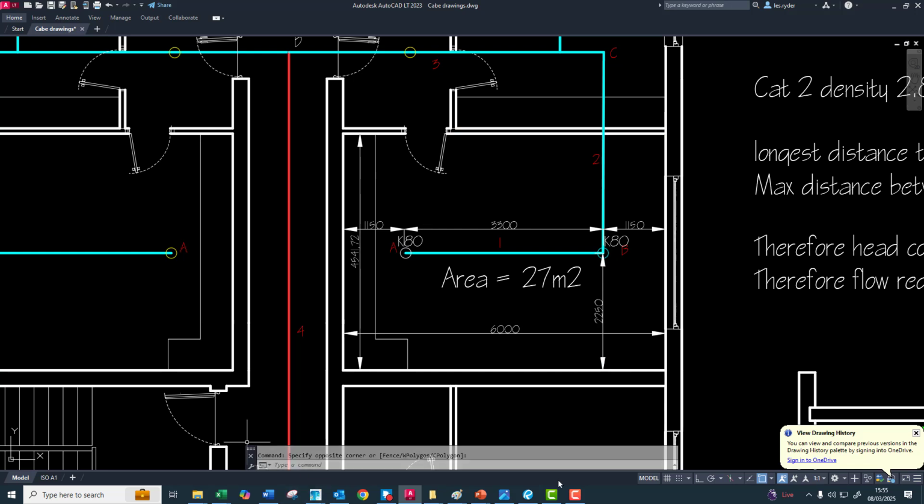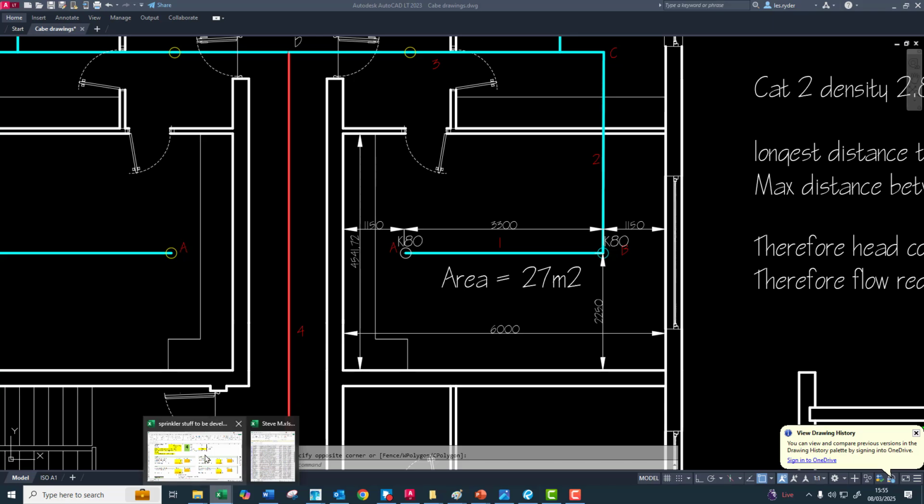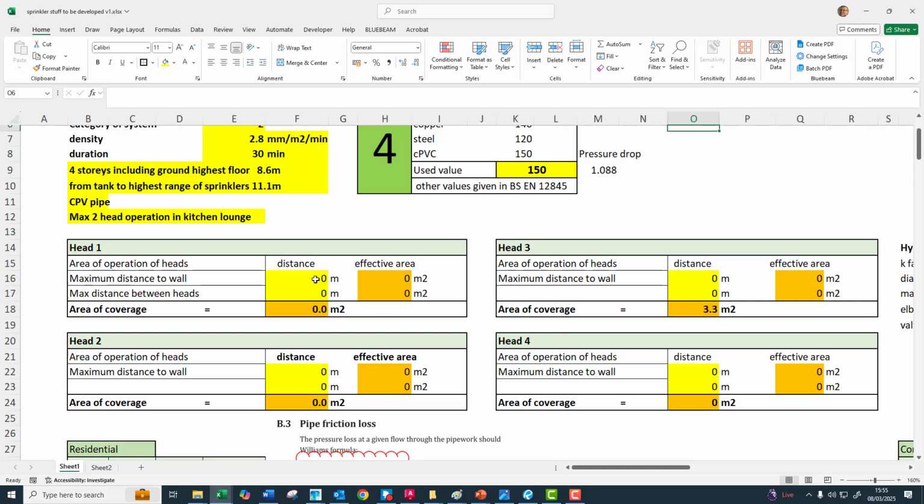The maximum distance to wall is now 2.25. That effectively means the sprinkler is dealing with 4.5 by 4.5. To check it against the maximum distance between the heads, that's only 11 square meters or so, which is less than half the area of the room. So our effective coverage is 20.3.